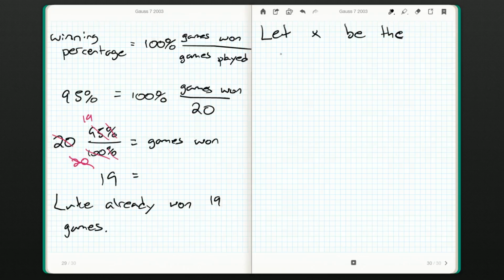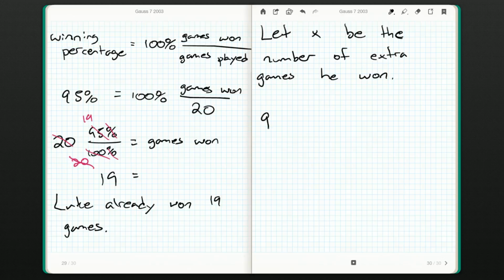So we're going to let X be the number of extra, aside from these 19. So the extra games that he won. Remember, where he's not losing anymore, he's just winning straight in a row. So we're asking how many more games does he need to win to get 96%.